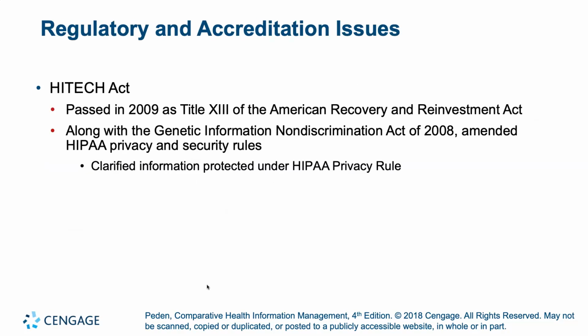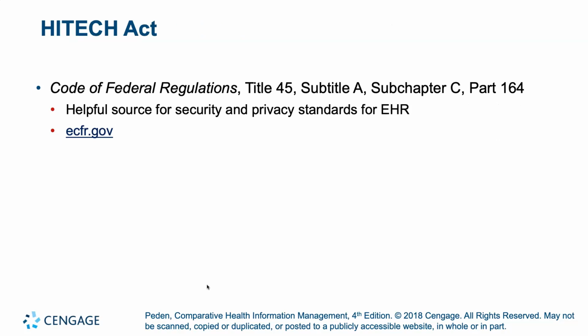When the HITECH Act passed in 2009, it also brought with it the Genetic Information Non-Discrimination Act, and it talked about some information that's protected under the HIPAA privacy rule regarding genetics. And then you've got Code of Federal Regulations, CFR, and then it lists all of it. It's a helpful source for security and privacy standards if you want to get into the nitty-gritty of those.